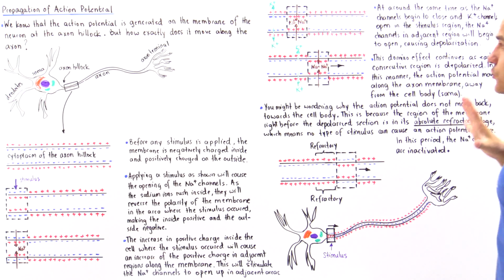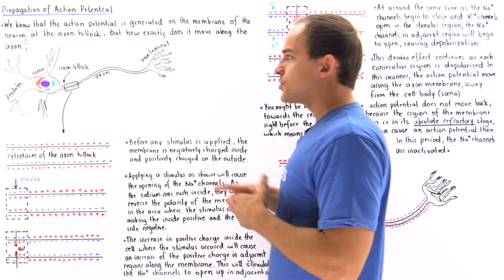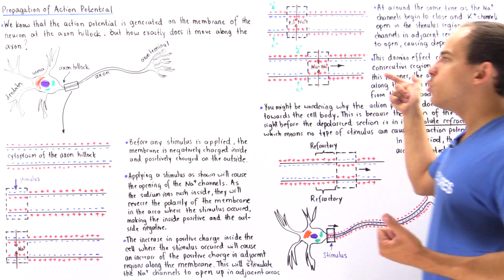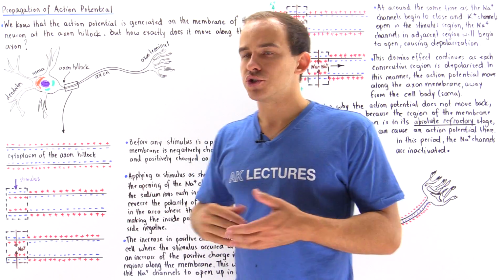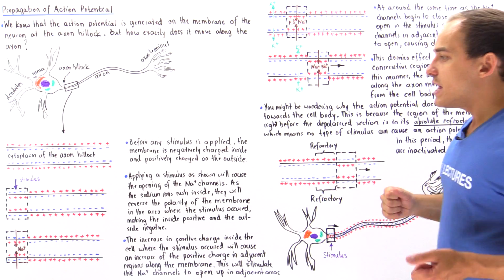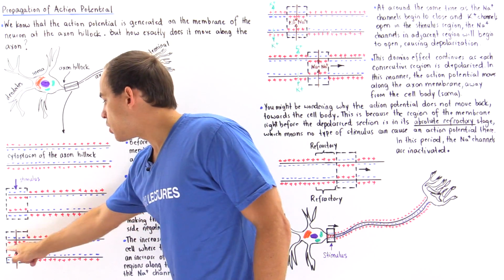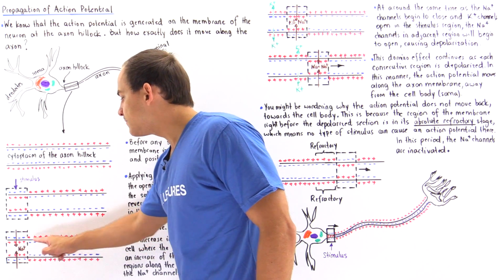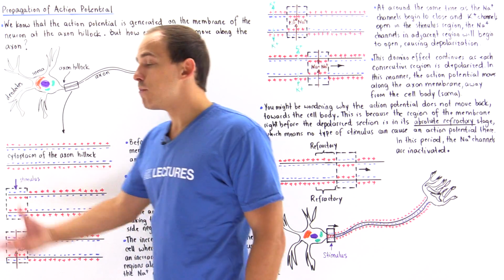Now, the next question that we want to basically answer is, why doesn't our action potential move in the opposite direction? So we said earlier that as the positive charge increases on this side, this inside negative charge becomes more positive.